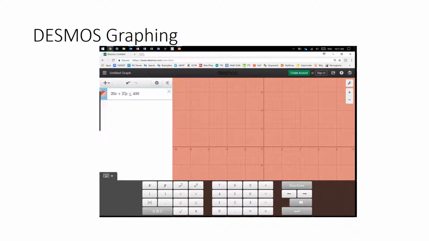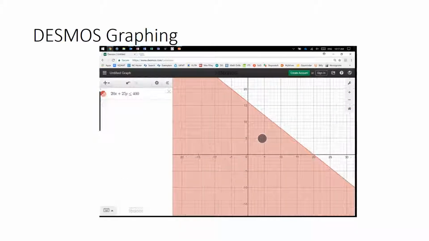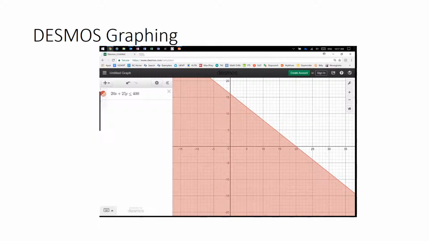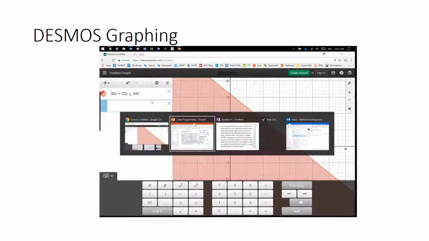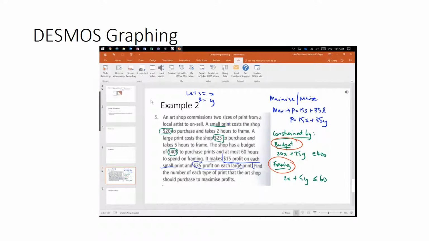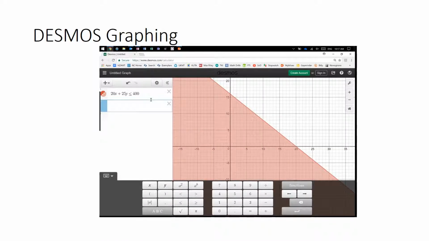Okay, let's zoom out so we can see it. So, okay, cool. Now what do we do? The next one, which was 2x plus 5y is less than or equal to 60.